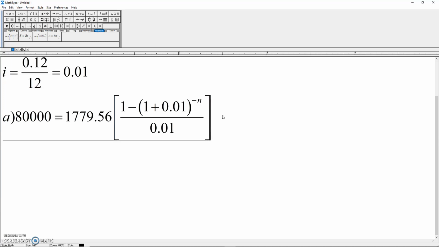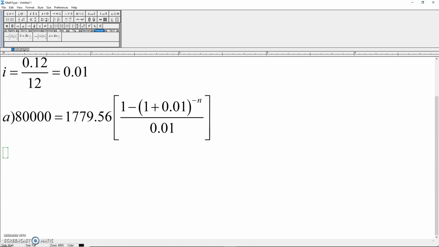I will just directly calculate it from here. So 80,000 divided by R, 1779.56, gives you 44.95. When you divide this, and then move the 0.01 to the left side and multiply, that gives you 0.4495. Up until this point, let me write it down.